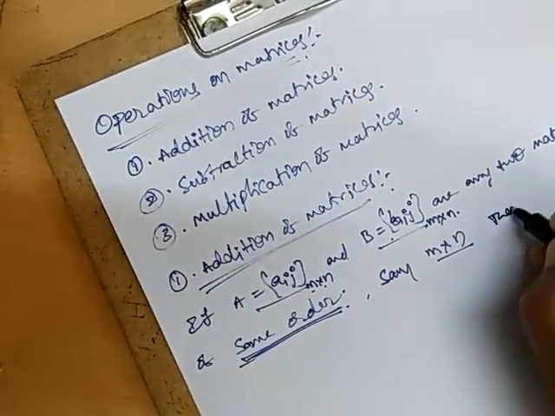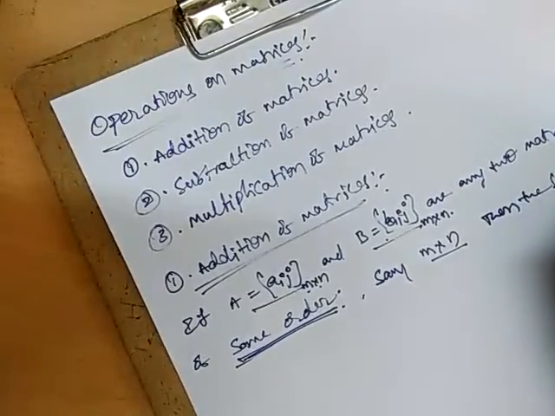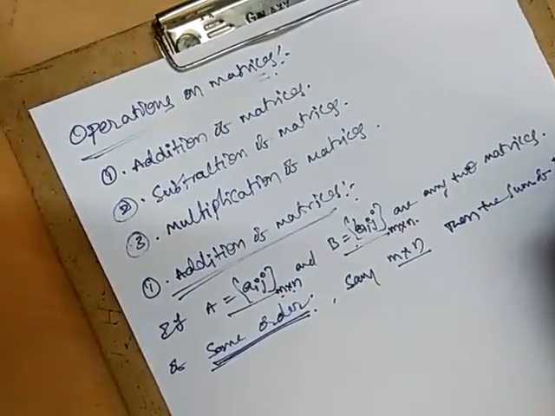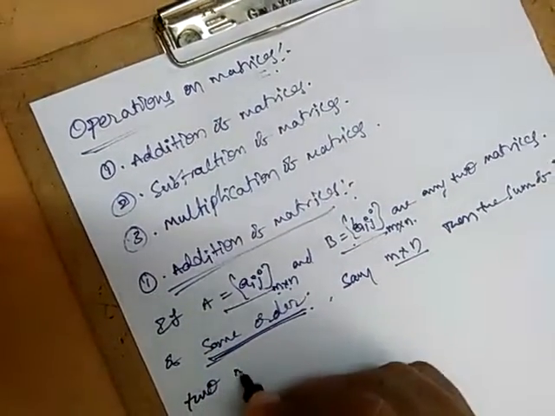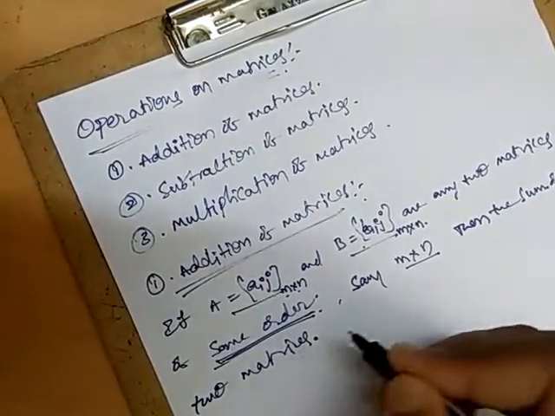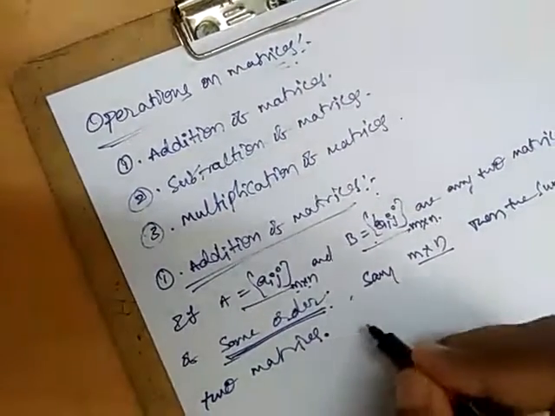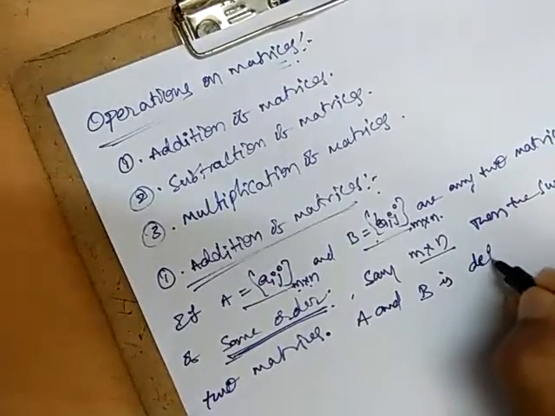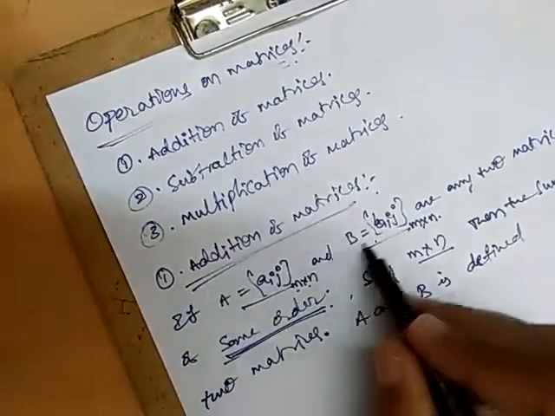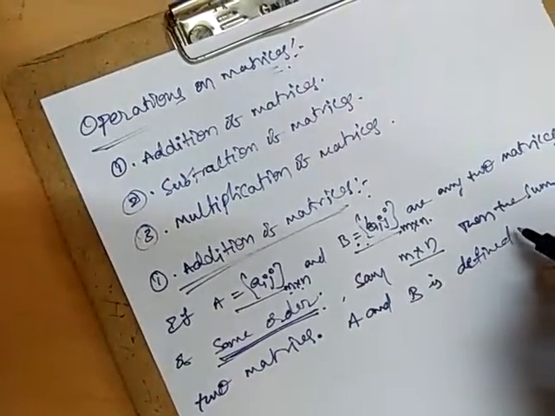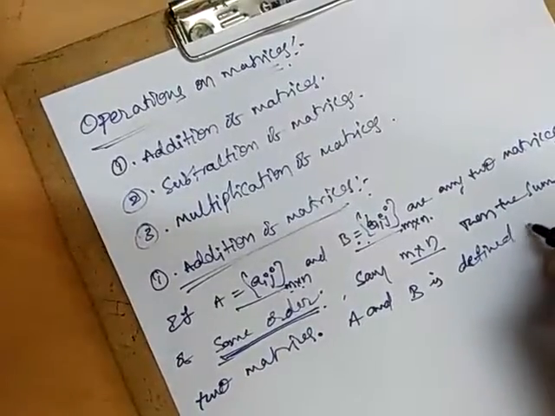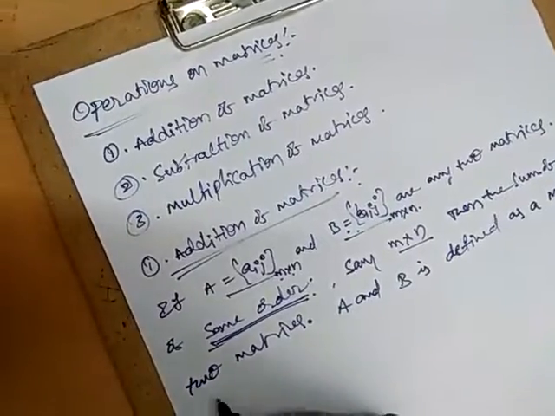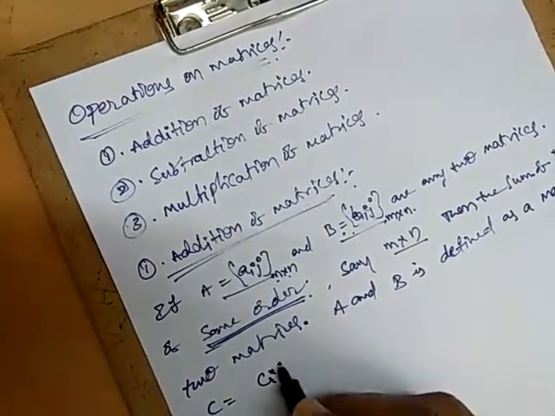Then the sum of the two matrices A and B is defined as another matrix, assume that matrix is C, defined as C equals Cij.